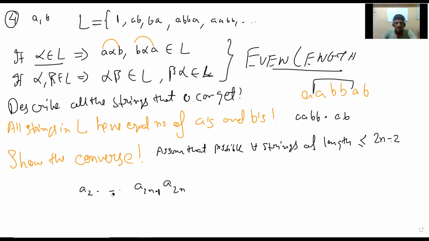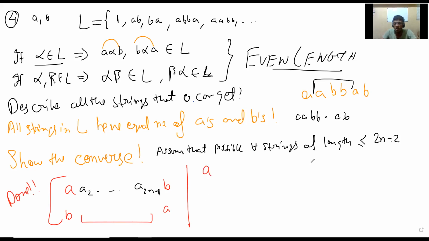So that's what I was saying. So basically, I would have said, okay, now I take the string of length 2n, equal number of A's and B's. What are the possibilities? It could either look like this, or it could look like this. And these two are done from what you're saying. But now you need to do just the only other case, basically A. How will you build this?